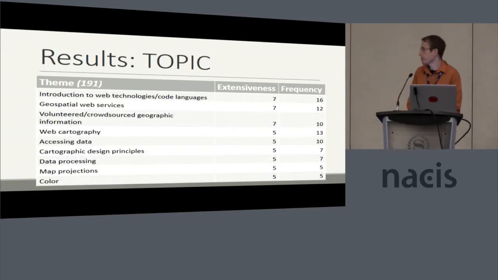Topics, what specific topics were people teaching? A lot of it was introducing programming for the first time to geography students who didn't have any background in it. Introducing geospatial web services. A lot of people were looking at web map service and web feature service and tile services as a key component of their classes.